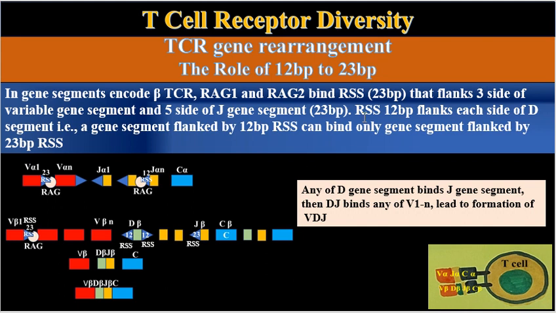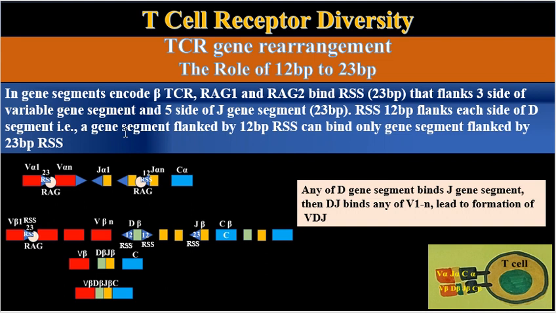And recombination signal sequence of 12 base pair spacer, as can be seen here, flanks each side of the diversity or D gene segment.